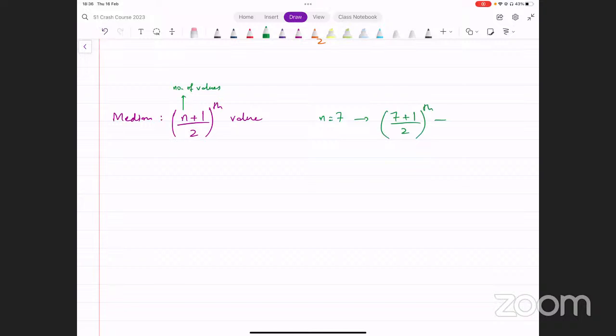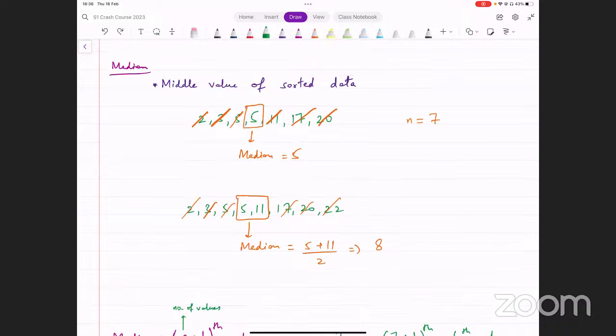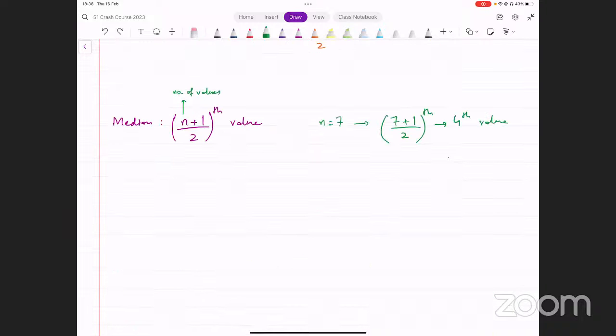What do we get from this? We get the 4th value. So whatever is your 4th value, that's the median. So look at that data, 1, 2, 3, 4. You have 5 at the 4th position. So your median therefore is 5.